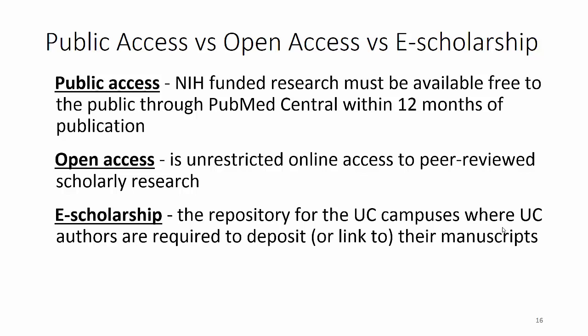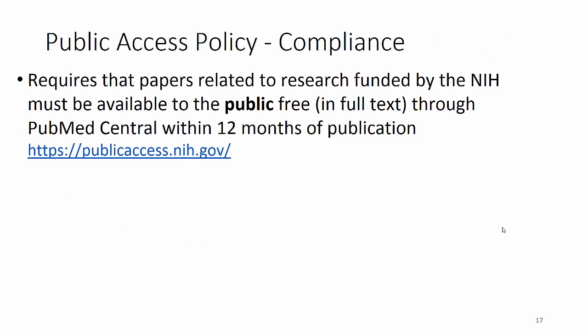But the mandate is that faculty, staff, and students who are employed by the UC system, if they publish peer-reviewed journals or peer-reviewed articles, they need to be uploaded into e-scholarship. So three types of things there. We'll focus on the public access policy and its compliance for today's session.